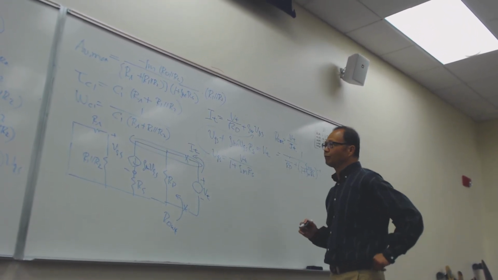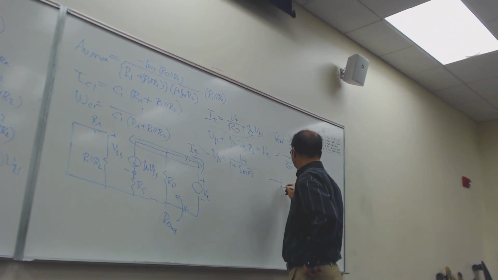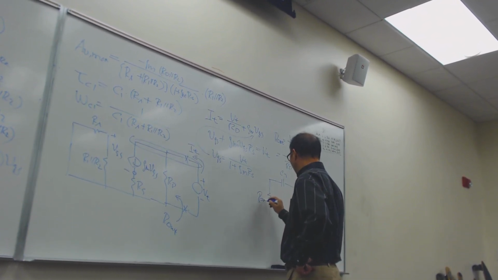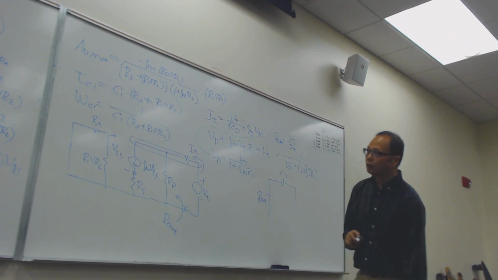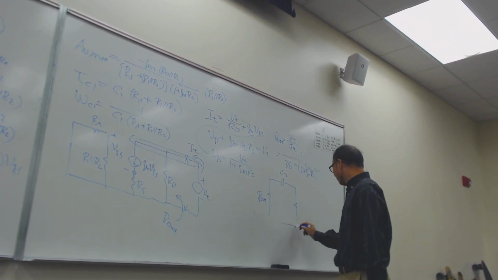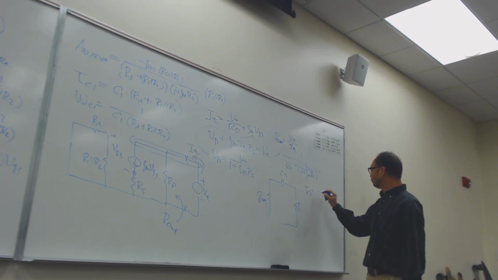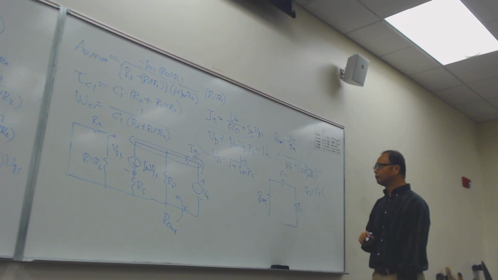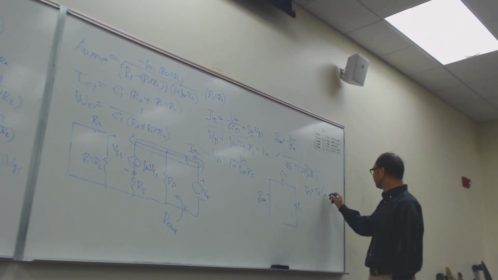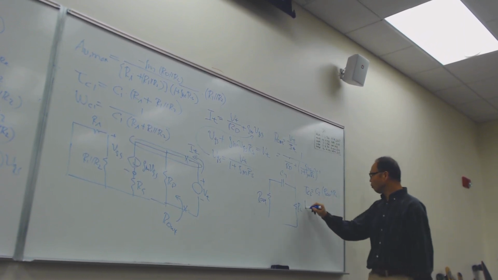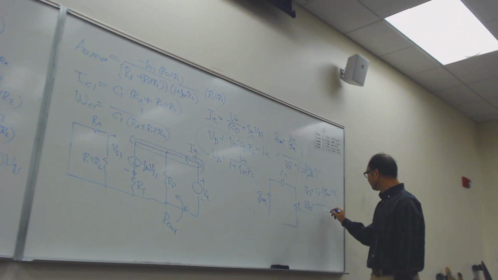All right, so now if you look at C2, right? So C2 on this side you have R sub out. On this side, you have R sub L, correct? So therefore, tau C2 is equal to C2 times these two in series, yes? R out plus R sub L. So omega C2 will be 1 over this.